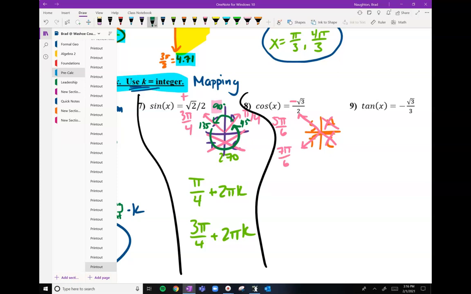If I go from here to here, 5 pi over 6 is 150 degrees. 7 pi over 6 is 210 degrees. So this is going to be 60. And then from here all the way around, that's not 60, it's 300 degrees. So there's going to be no mapping. So 5 pi over 6 plus 2 pi k, and then 7 pi over 6 plus 2 pi k.